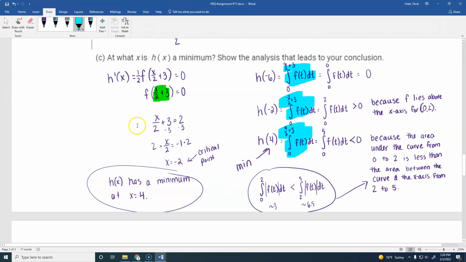Of course, if you say x/2 plus 3 equals 2, you need to show that step. But if you jump straight to x equals -2, they're okay with you skipping steps on solving things. But you have to be really clear about your reasoning on the calculus of it. Okay, questions?